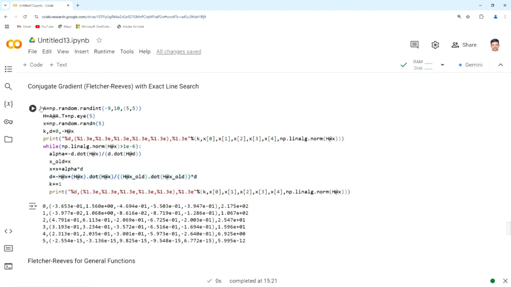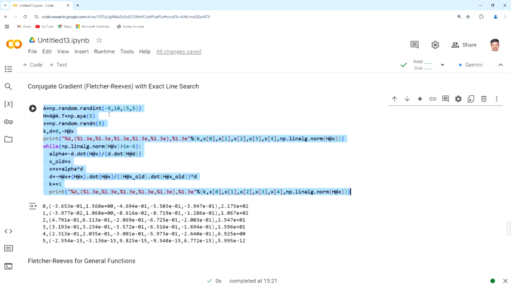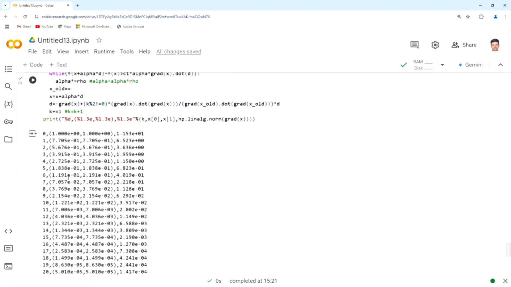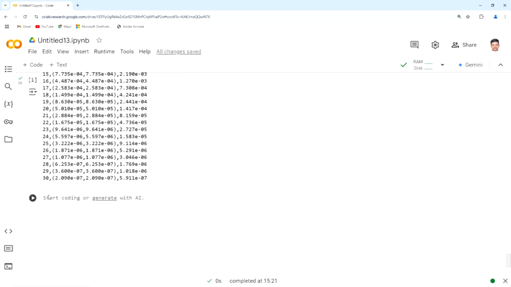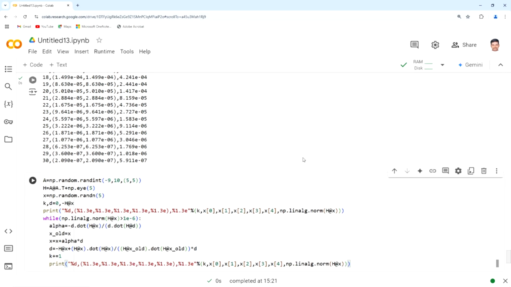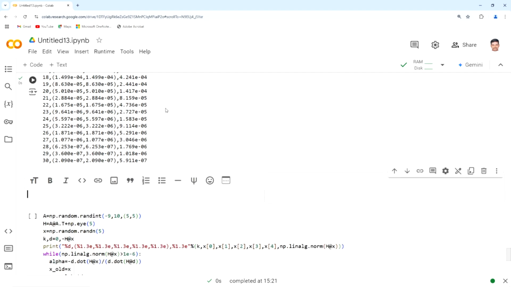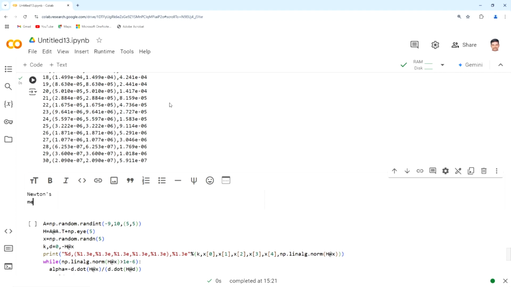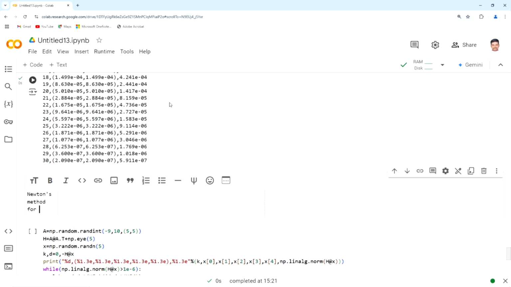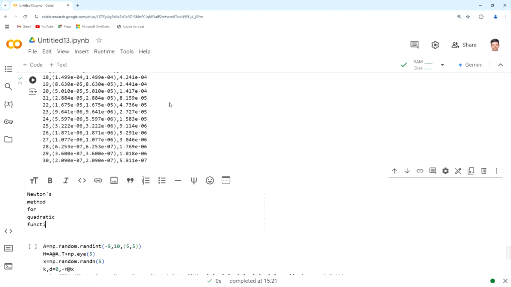I will copy this code from the Fletcher Reeves with exact line search, and write down that this is Newton's method for quadratic functions.